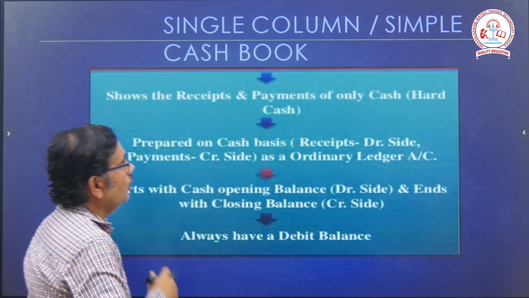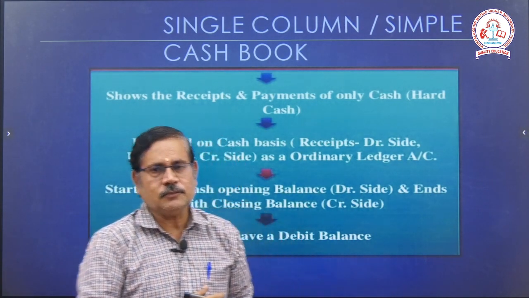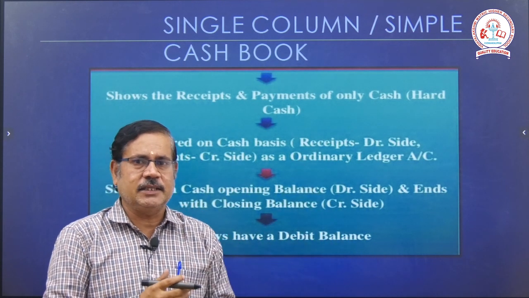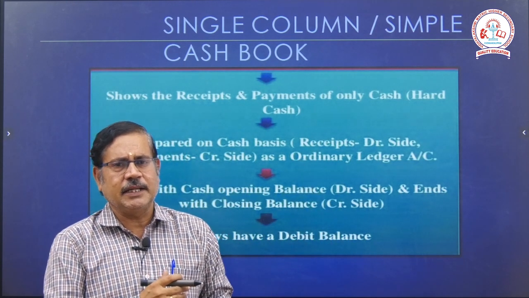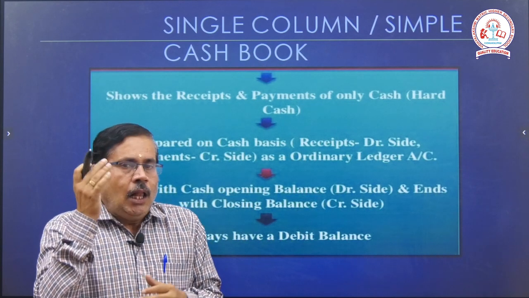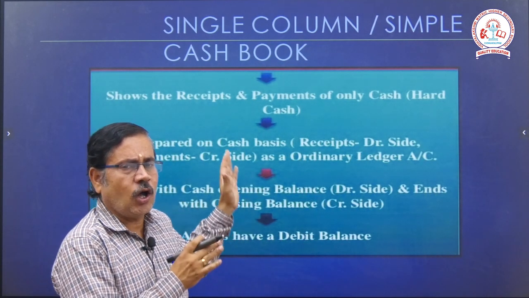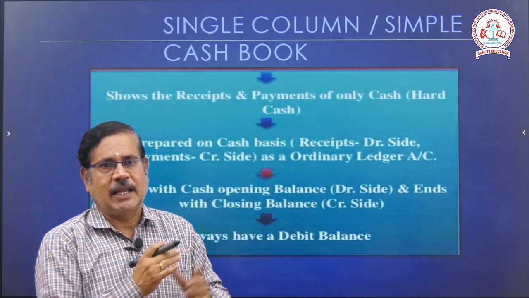Now, the single column or simple column cash book. In this cash book, the debit side is created for receipt entries, and the credit side for payment entries. Based on the ledger account, the debit side always shows the opening cash balance.